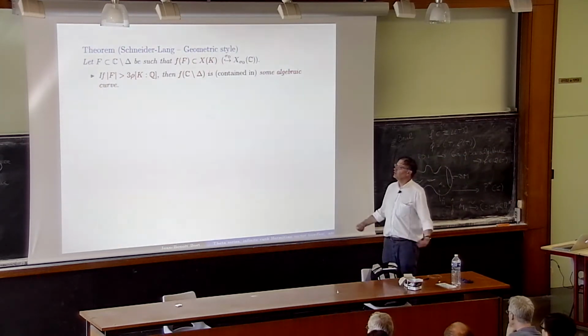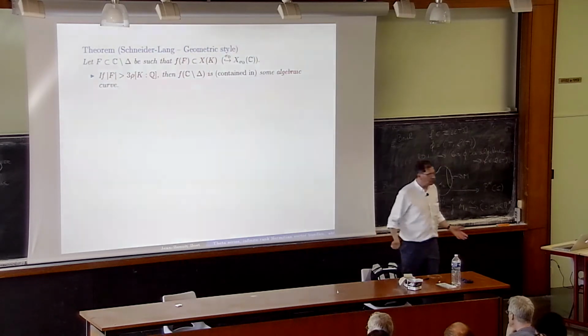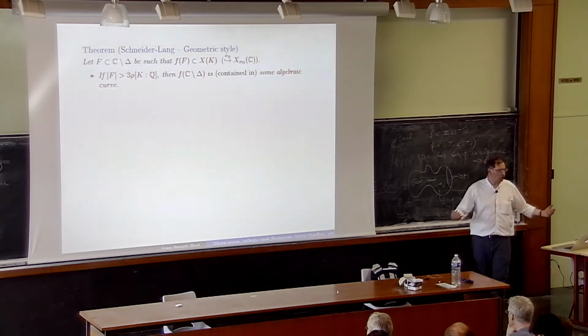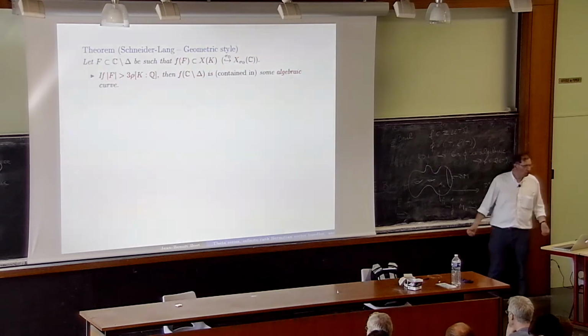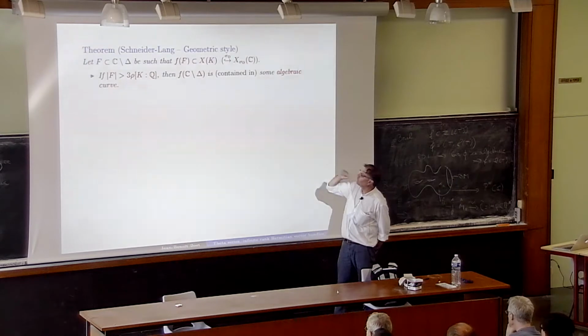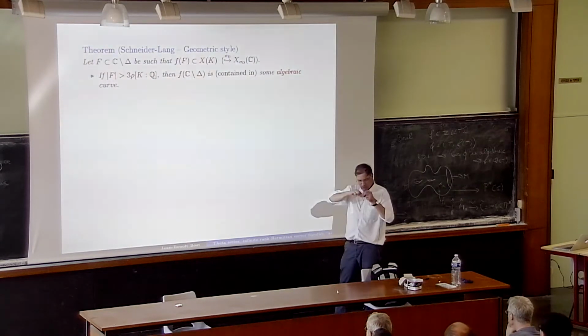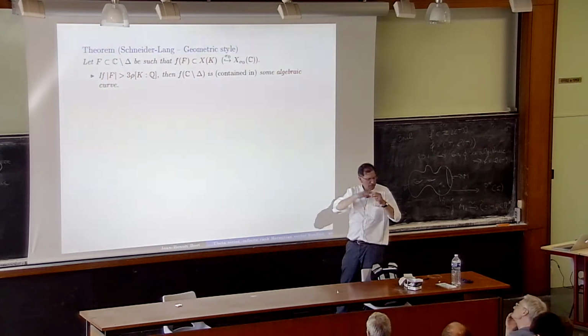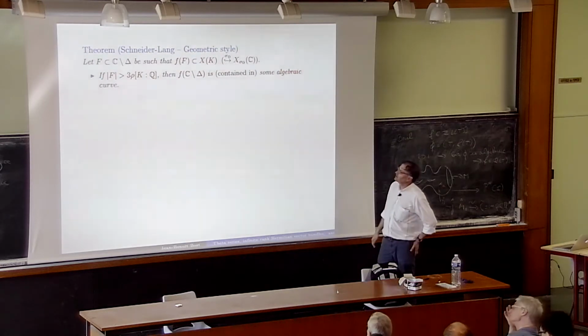So when the growth is very large and the degree is very large, more generally, you need more points. So under this condition, the image of f, that is some analytic, embedded analytic curve or something like that, is actually algebraic.